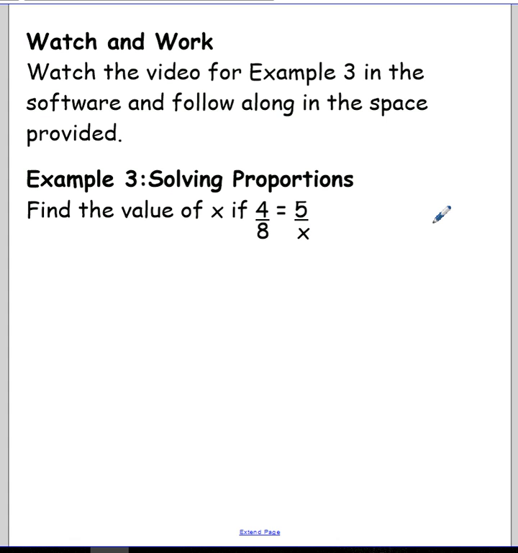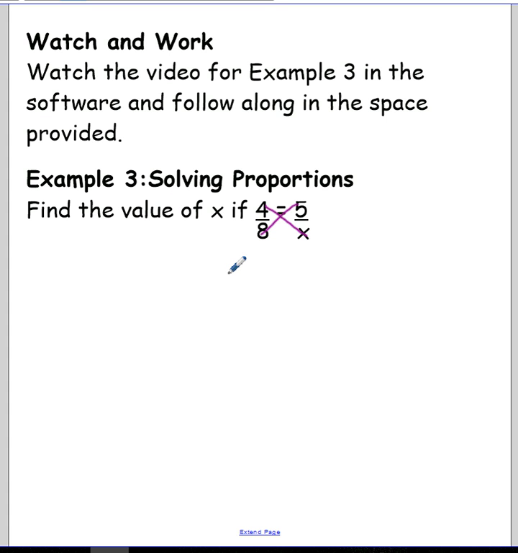But let's show or prove that using this cross product, or how to solve problems when it's not so obvious to us what the answer is. So in cross multiplication, we're going to take the top of one fraction and multiply it by the bottom of the other fraction. So it's like we're drawing a big X across the equal sign.